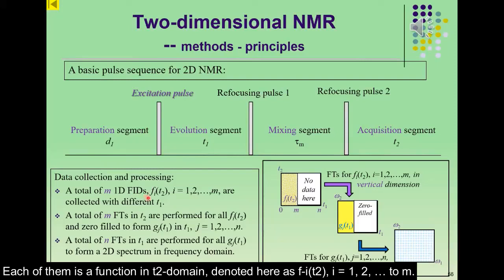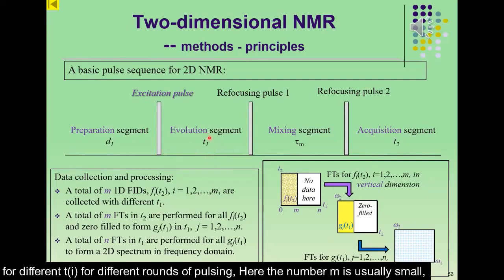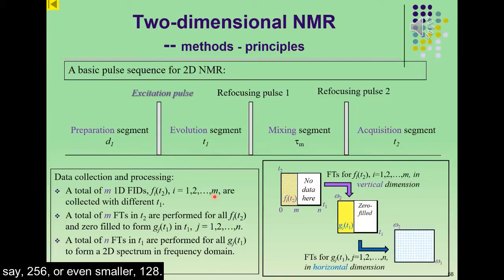Each of them is a function in the T2 domain, denoted here as Fi(T2), i from 1 to M, each of which is related to a different T1, because we use different T1s for different rounds of pulsing. Here the number M is usually quite small, say 256 or even smaller, 128.